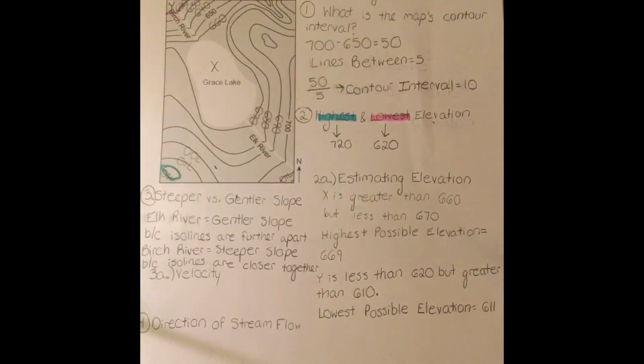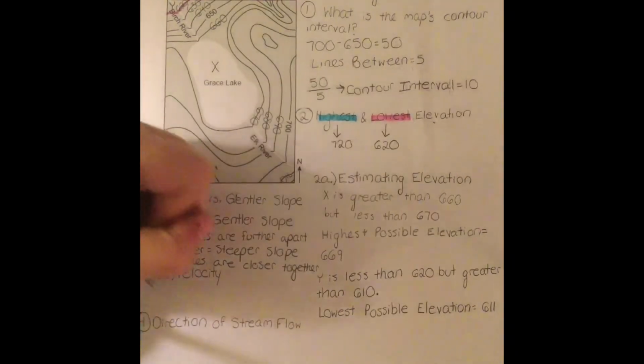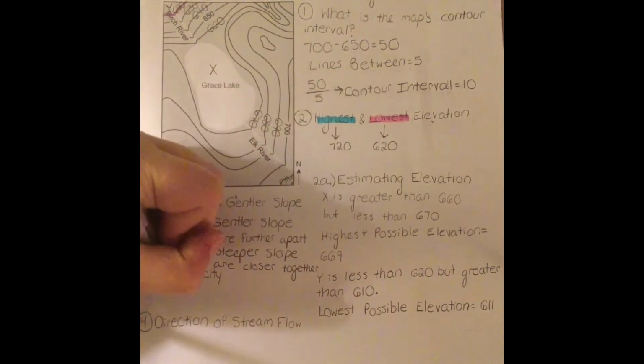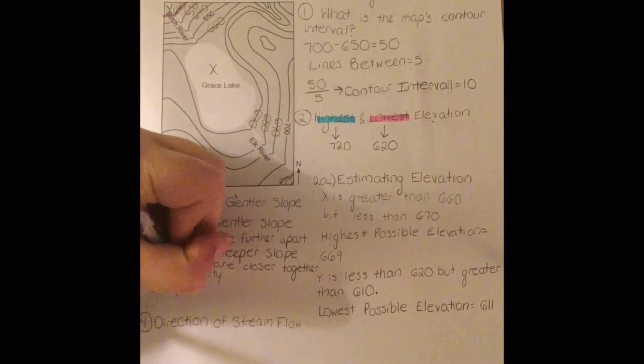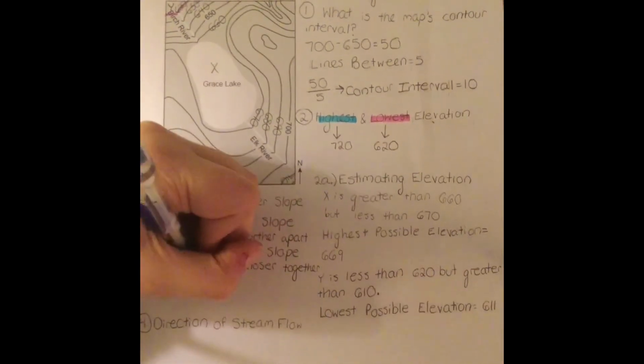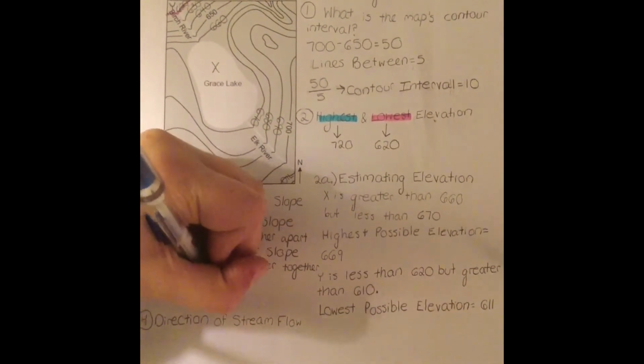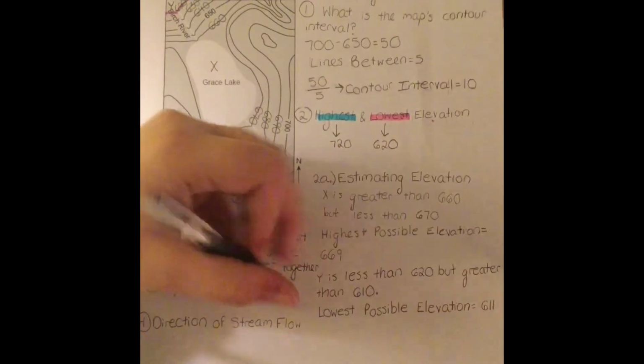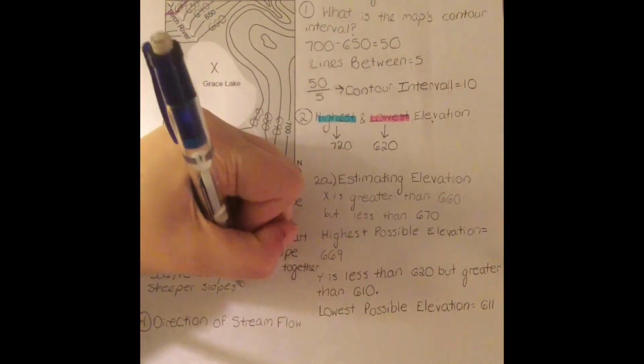And so with steep or gentle slope, we can look at velocity. Velocity is how quickly something is moving. Now, by logic, we can tell that with steeper slopes, things tend to move faster. So, steeper slopes give us a greater velocity.